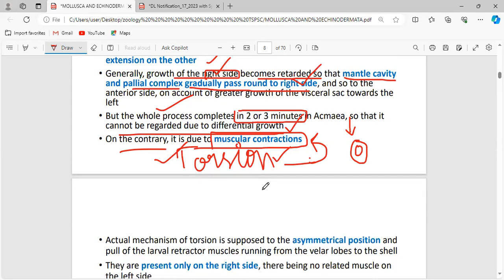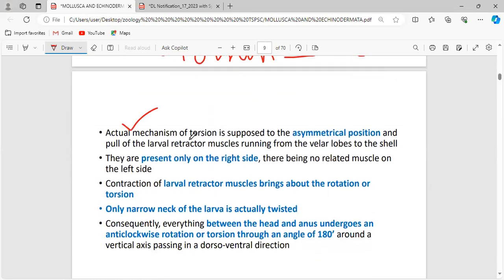First thing, torsion is nothing but muscular contractions. Now, the actual mechanism of torsion is supposed to be the asymmetrical position. See, initially, before torsion, the animal is symmetrical. The actual mechanism of torsion is supposed to be asymmetrical position and pull of the larval retractor muscles running from the velar lobes to the shell.